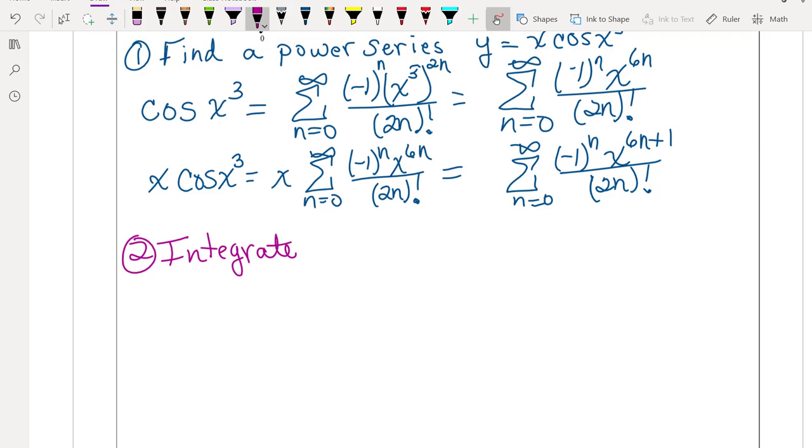So we're going to have the integral from 0 to 1 of our power series. Don't want to forget my summation. And this is just going to be a polynomial integration.